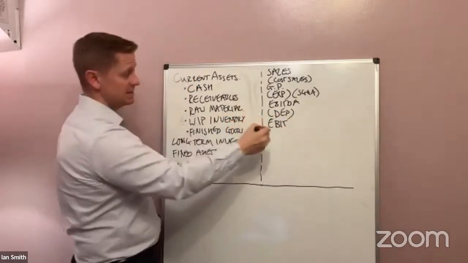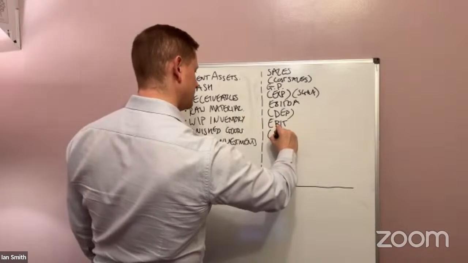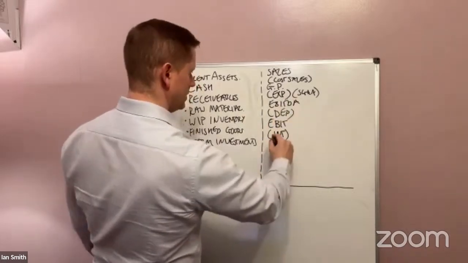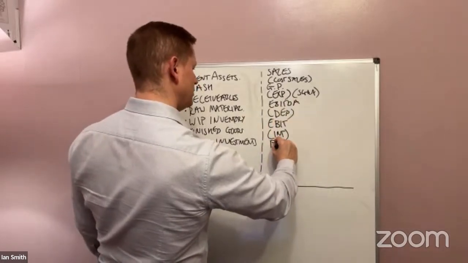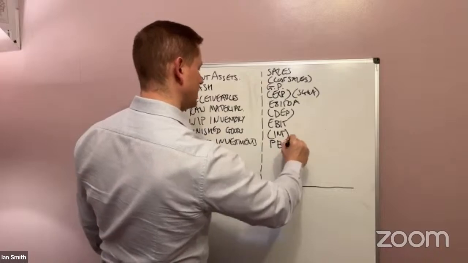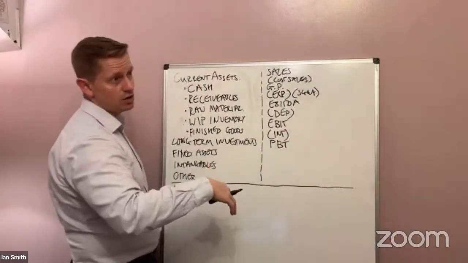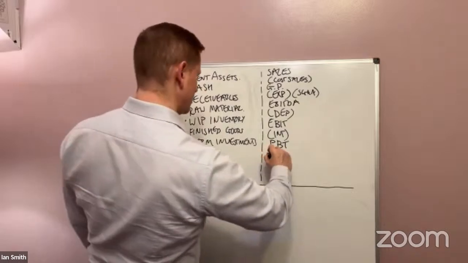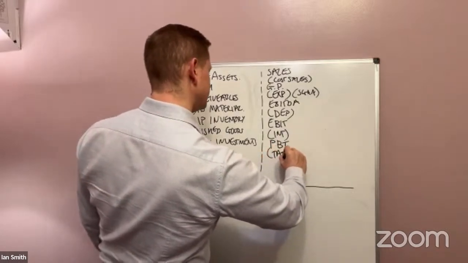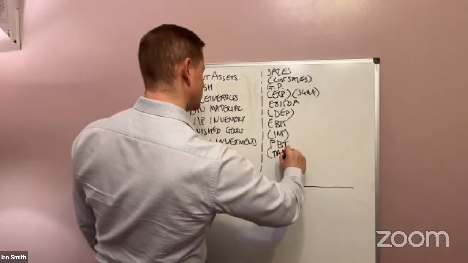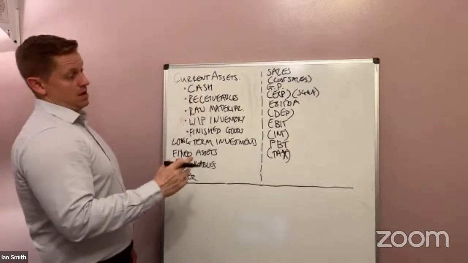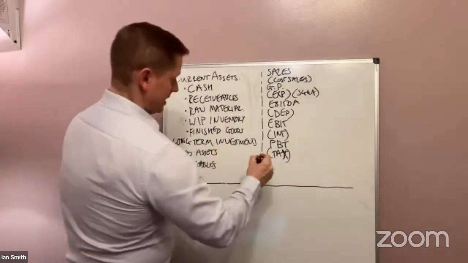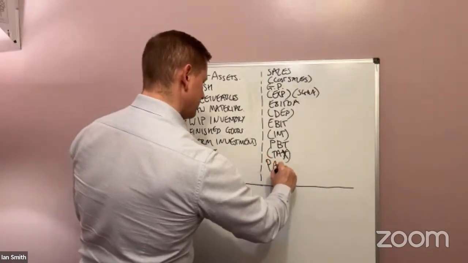Then the bank gets theirs, so you get interest. And then you've got profit before tax. Then HMRC or IRS, if you're in the US, they get theirs. So then you've got tax. And then you've got profit after tax, or PAT.